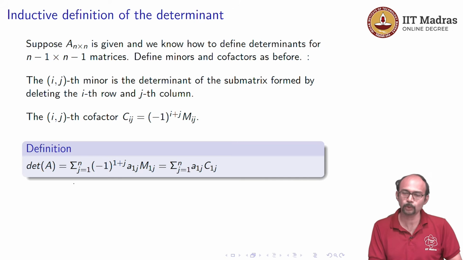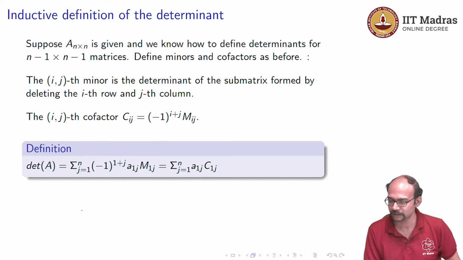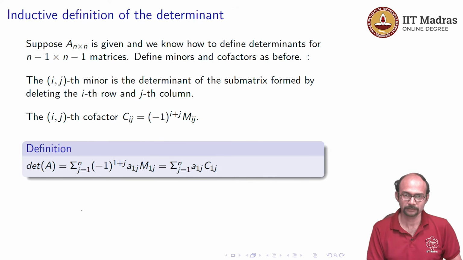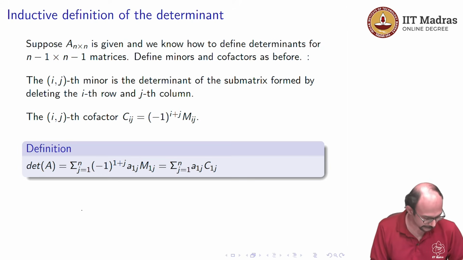This sum runs from 1 through n, because there are n entries in the first row. And if you just want a simple sum, you absorb that sign into the minor and write it in terms of cofactors: summation a 1j c 1j.